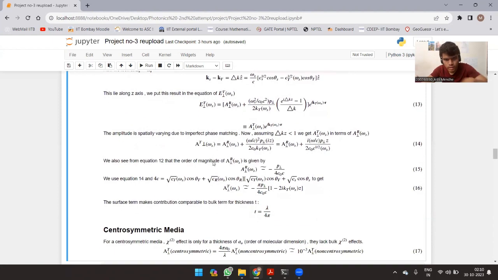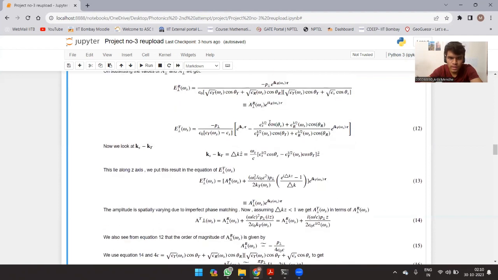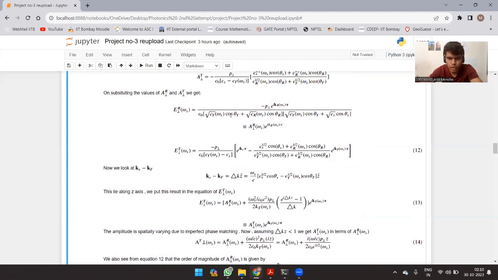Just a second, it comes up later. AR is of the order of magnitude p perpendicular upon 4 epsilon naught epsilon. So you can see that this boils down to basically 4 epsilon naught. I mean, we have 2 times 2. That's how 4 comes up, and each of them is of the order of epsilon naught.